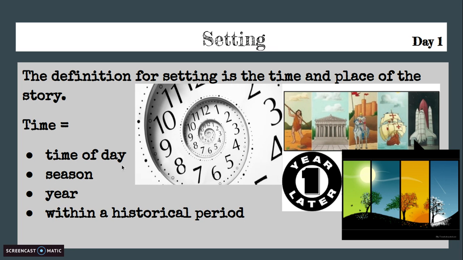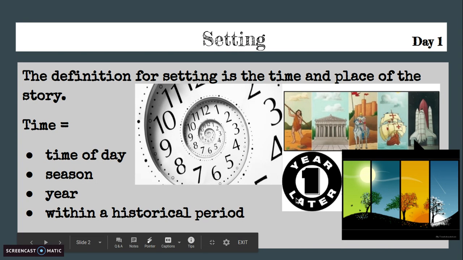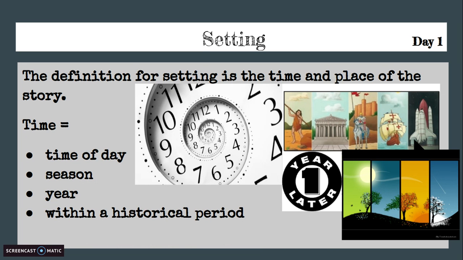And by time, it could be something very acute and pointed, like the time of the day, or it could be something like what season it's taking place, which is a bigger idea, or a year, or even within a historical period. So it could take place between 11 and 12 on a Saturday. It could take place just in the fall. It could take place in 2020 or 2070 or 1969.